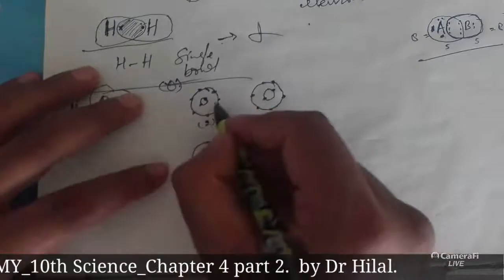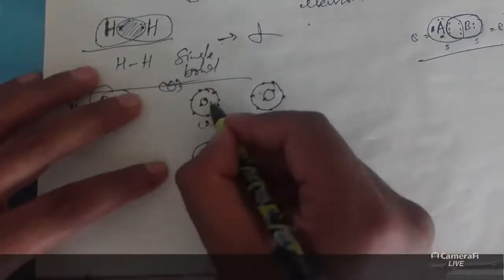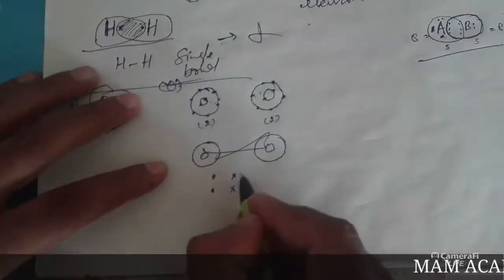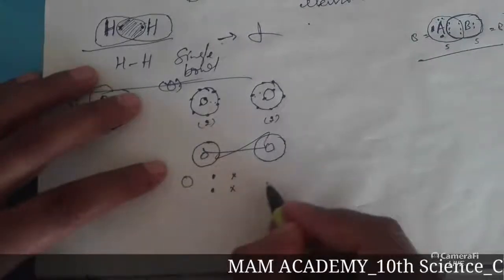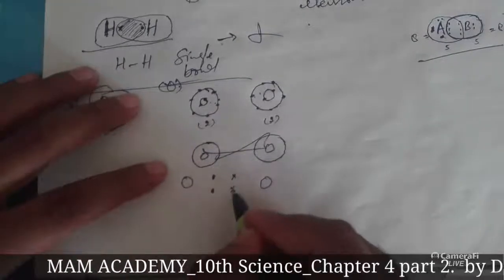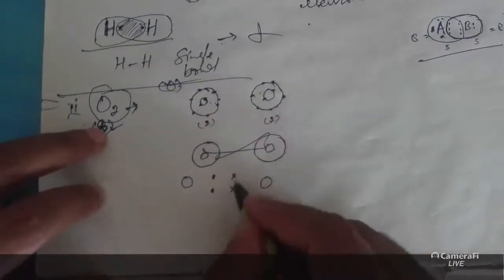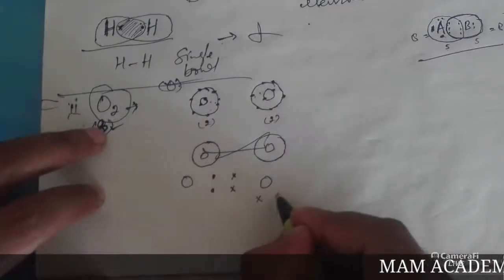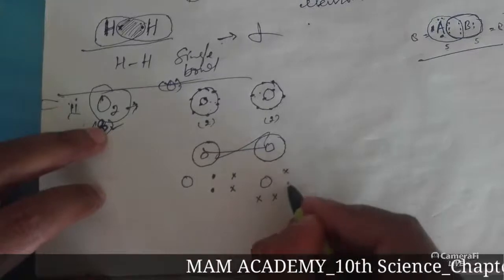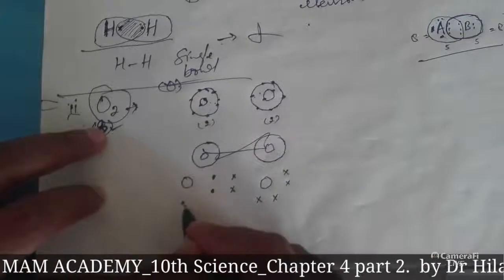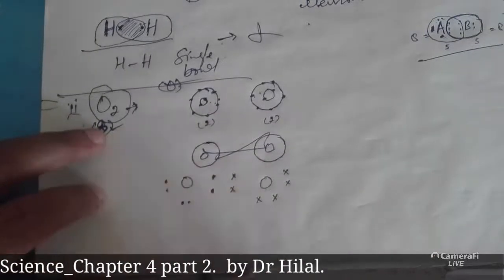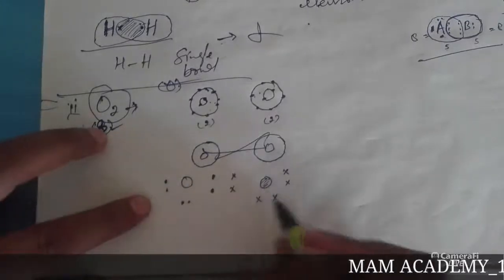This one should share 2 electrons with this one. Each oxygen has 6 electrons in its outermost shell. These are the 6 of this oxygen, these are the 6 of this oxygen.